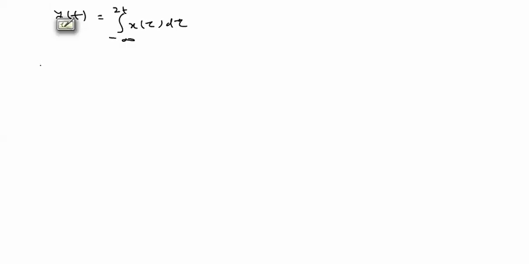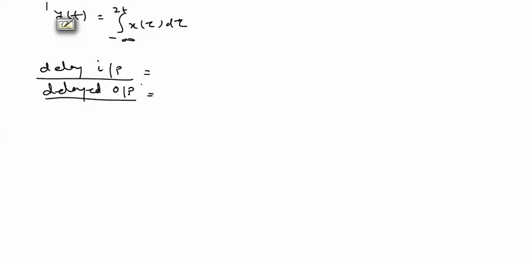We check delayed input and delayed output; if in both conditions we have the same result, the system is time invariant. First we delay the input by some amount, say p. I delay the input by p: x(tau minus p) d tau.